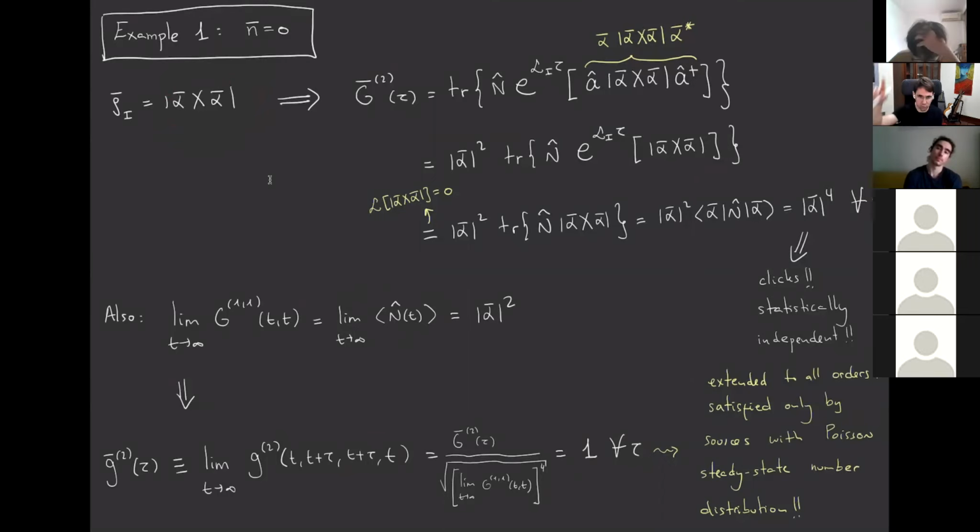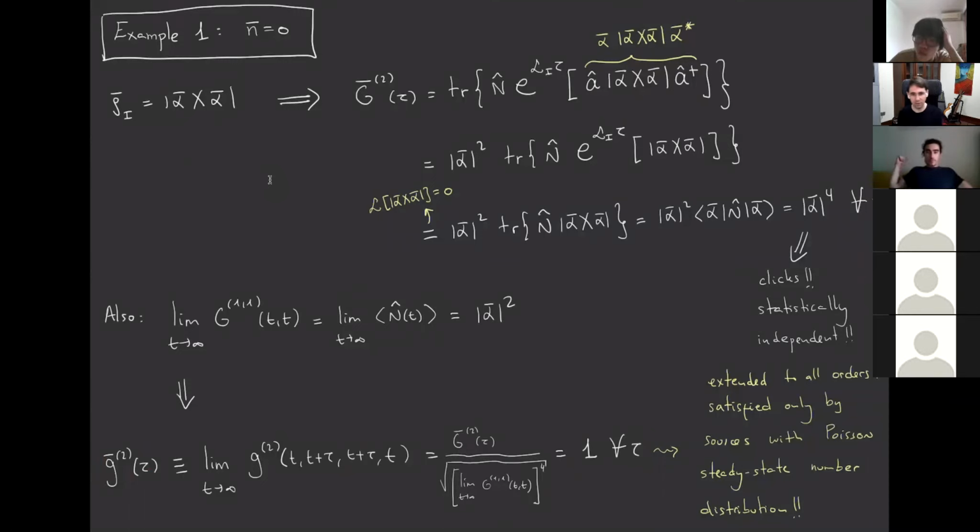So the number distribution is still a Poisson distribution. Whenever that is the steady state of the system, that's the only situation in which the G functions are equal to 1 for all tau.